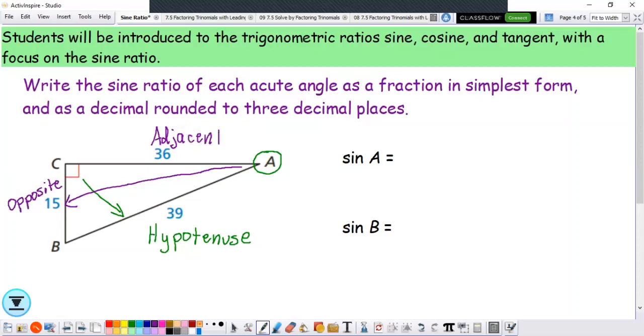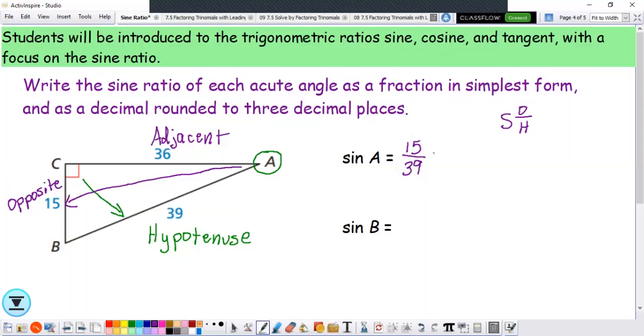But for sine, just as a reminder, sine is opposite over hypotenuse. So we aren't even going to need to use the adjacent side for finding the ratio for sine of angle A. Since sine is opposite over hypotenuse, the opposite of angle A is 15. The hypotenuse of the triangle is 39.